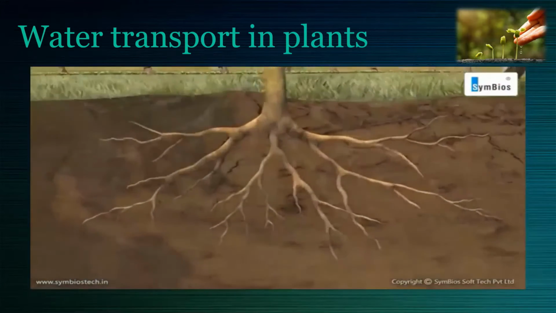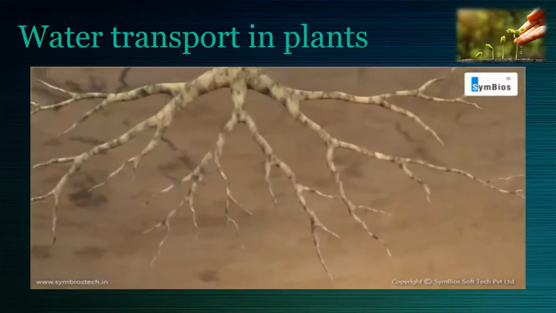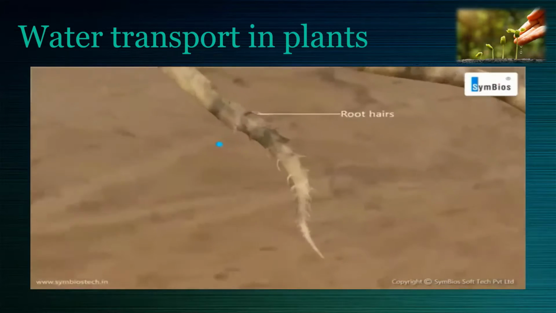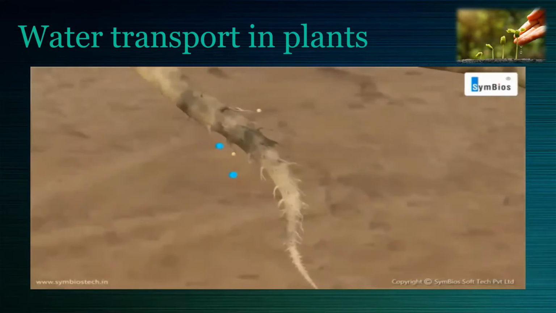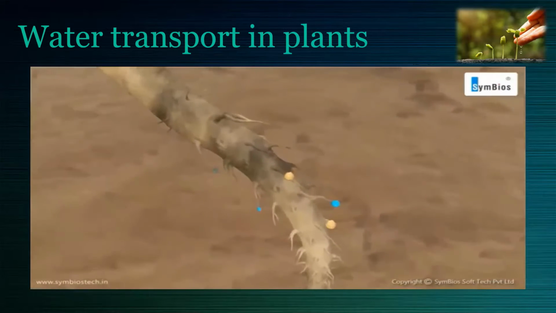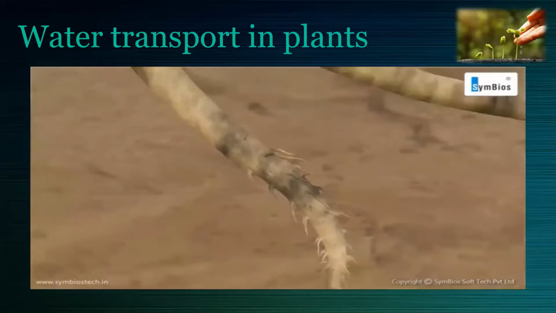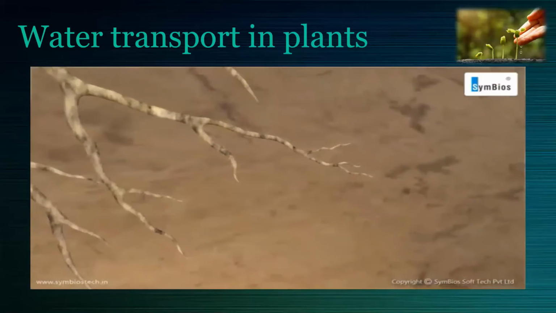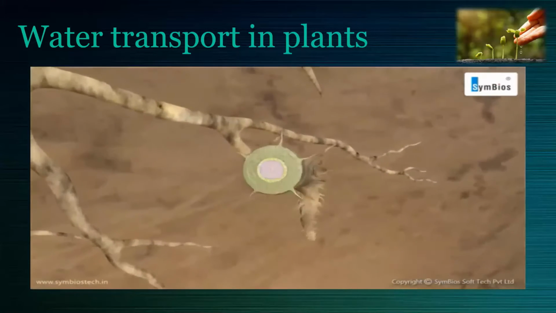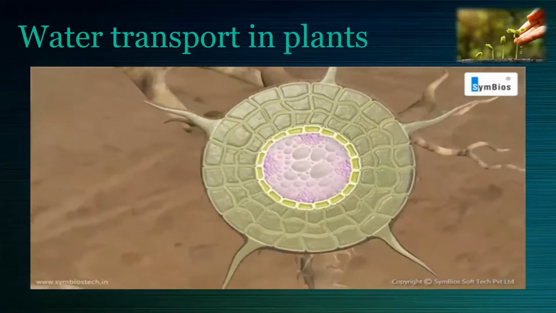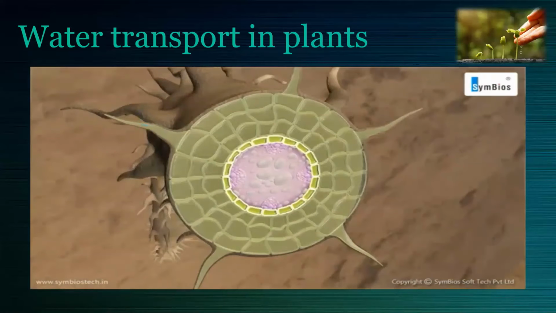Plant roots absorb water and minerals from the soil. Water absorption is mainly carried out by root hairs. These narrow-walled hairs greatly increase the area over which water absorption can take place. Water and minerals enter the root by two pathways: apoplastic pathway and symplastic pathway.